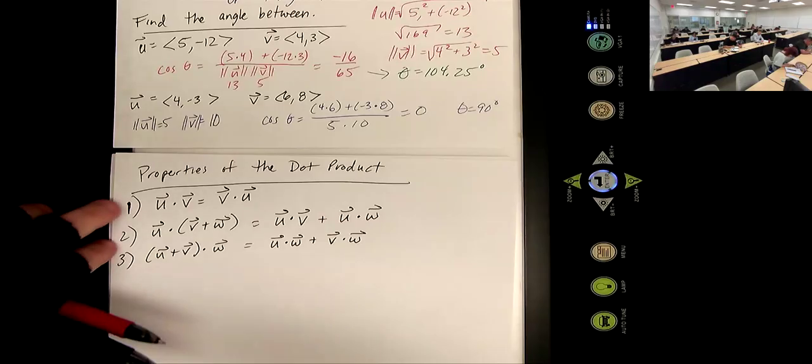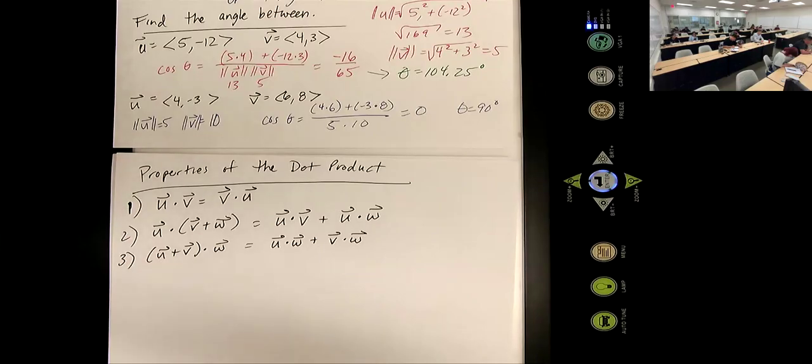This kind of combines the first two. Number 3 is just changing the order of the multiplication and using the distributive property.